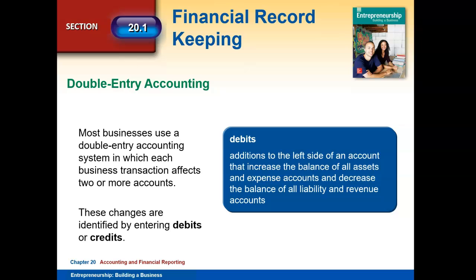And it's to make our accounting equation balance. We're not going to probably go into that much depth where you have to know it, but it is kind of interesting. But know this with debits: additions to the left side of an account increase the balance of all assets and expense accounts and decrease the balance of all liability and revenue accounts.